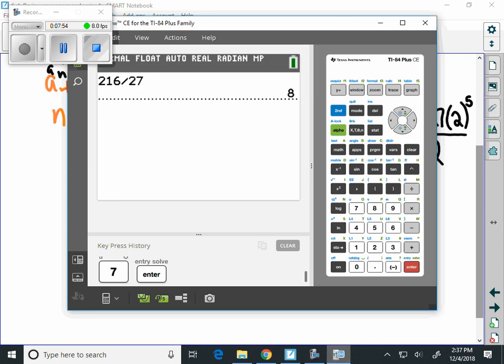With the fraction button, alpha y equals, it's going to be 27 minus 27 times 2 to the 5th divided by 1 minus 2.